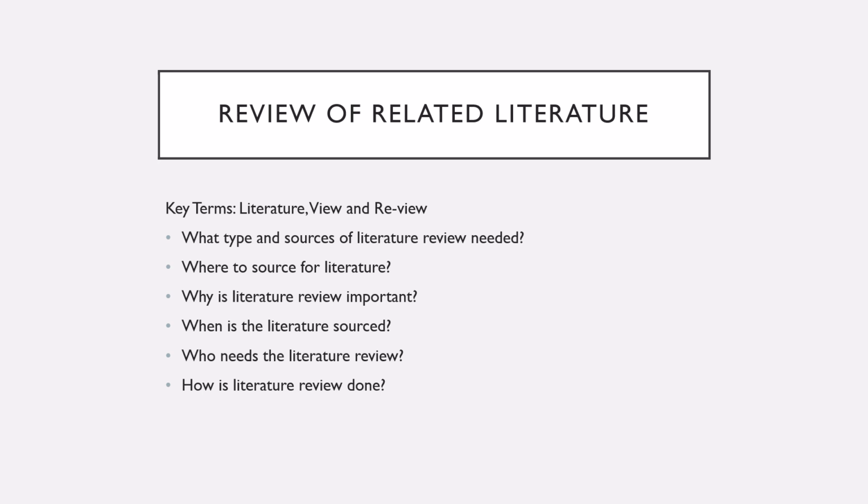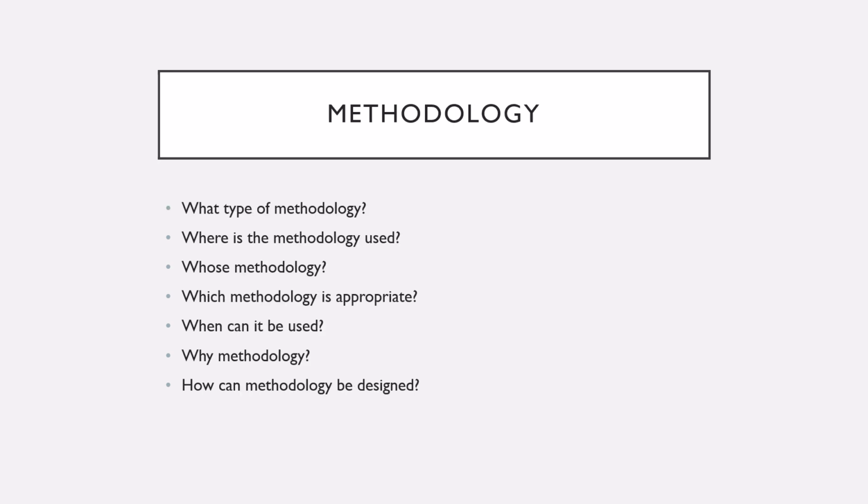Let's proceed. The next stage of research that we are looking at is methodology, using the 5 Ws and H to critically think through the research processes and the research ideas so that we can come up with quality research.